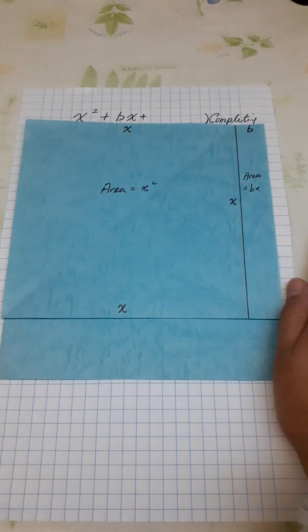But if I don't care about the size, I just want to make another square by adding the minimum amount of paper. How can I do it? You can think about it.